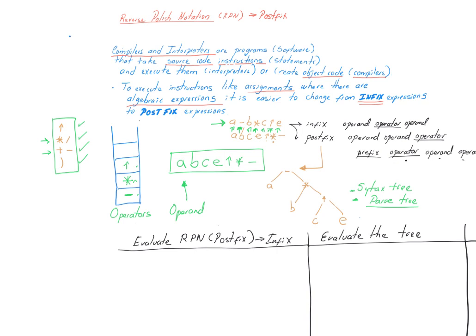Each one of those provides an output, and this syntax tree or parse tree is the output from the syntax analysis stage of compiling or interpreting, but that's another subject. So I don't want to mess this up.